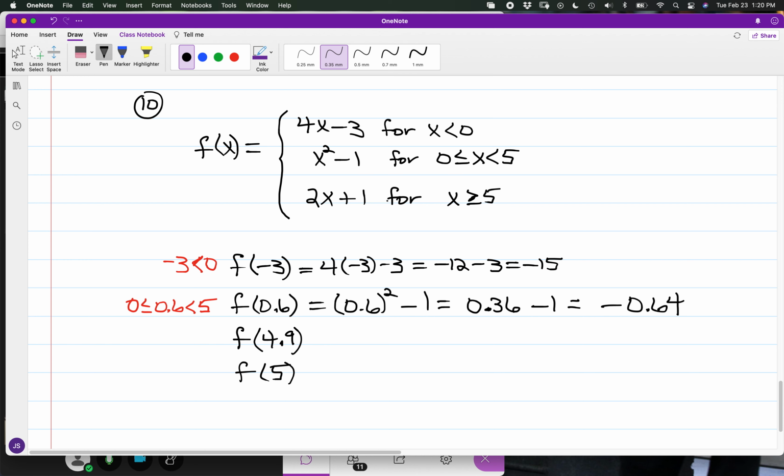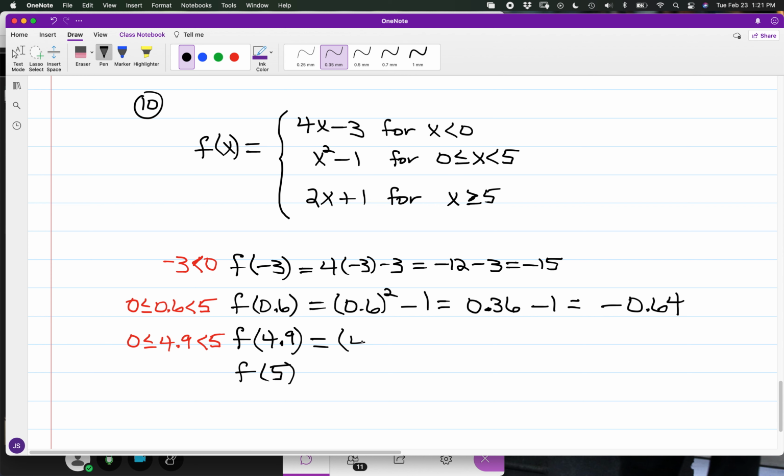And for 4.9, now there's a vast difference between 4.9 and 0.6 for the input, but 4.9, like 0.6, also belongs in the second category because it also falls between 0 and 5. And again, we're going to use the second functional part.